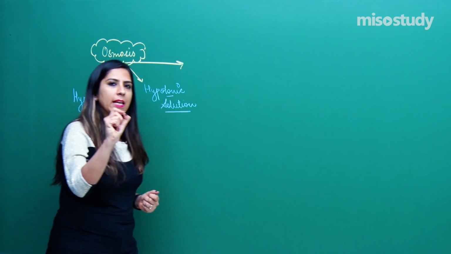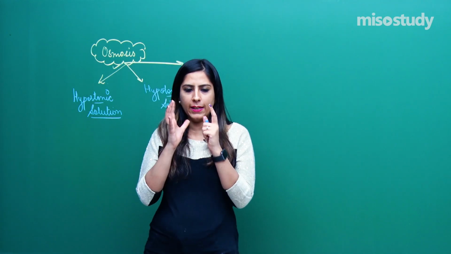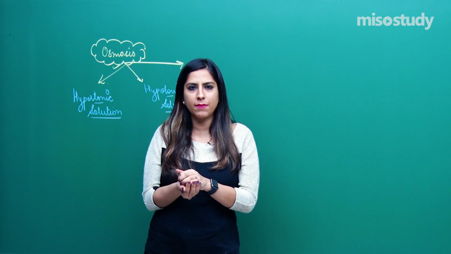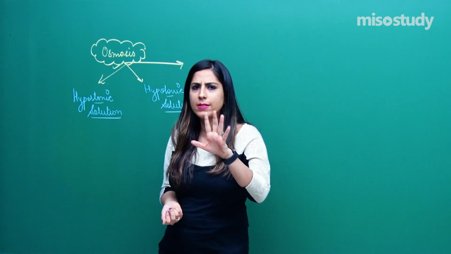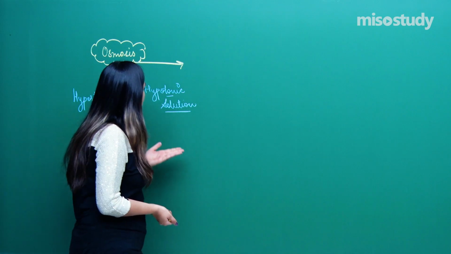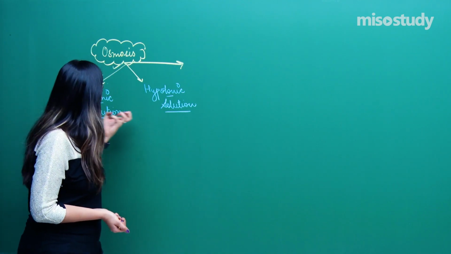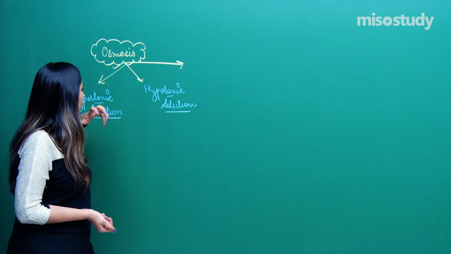We cannot say that a particular solution is hypotonic when only one solution is present. It is actually a comparative property. Whenever we compare one solution with another solution, this property comes into existence, right?